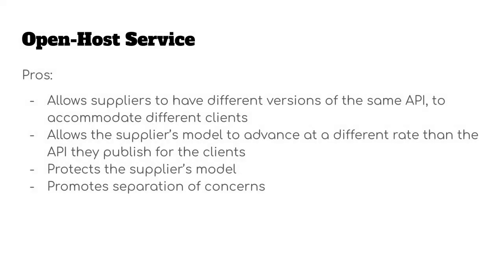Much like the previous pattern, this one has the same benefits. It allows for a cleaner separation of concerns, and it enables bounded contexts to be developed independently. Additionally, it also promotes a service-oriented architecture and facilitates scalability.